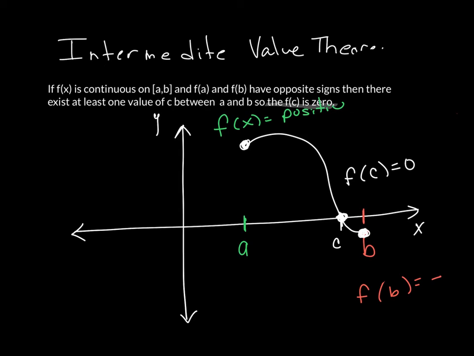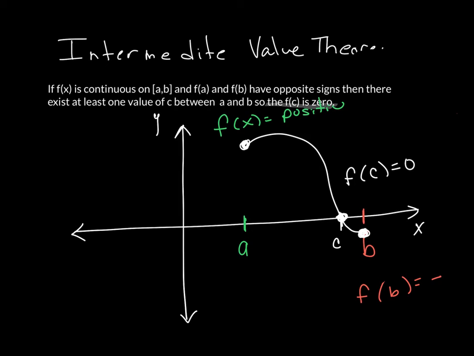Those could not be open circles. And the reason is that I have to have f of a and f of b equal a value, so therefore they cannot be undefined at that point. The same thing could happen the other way.